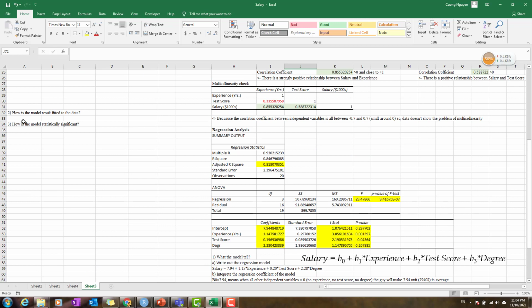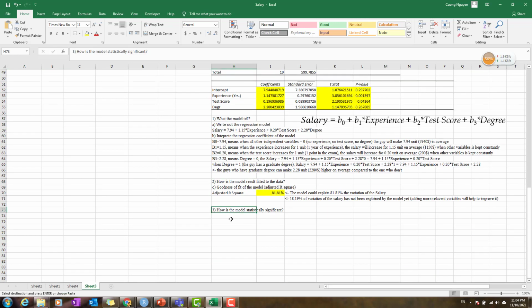The third question: is the model statistically significant? We can answer it by asking how the whole model works.